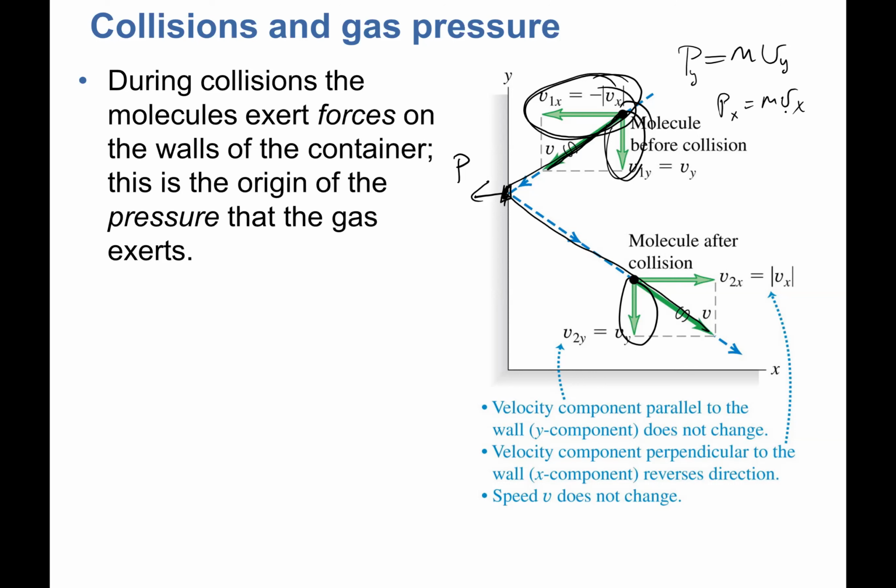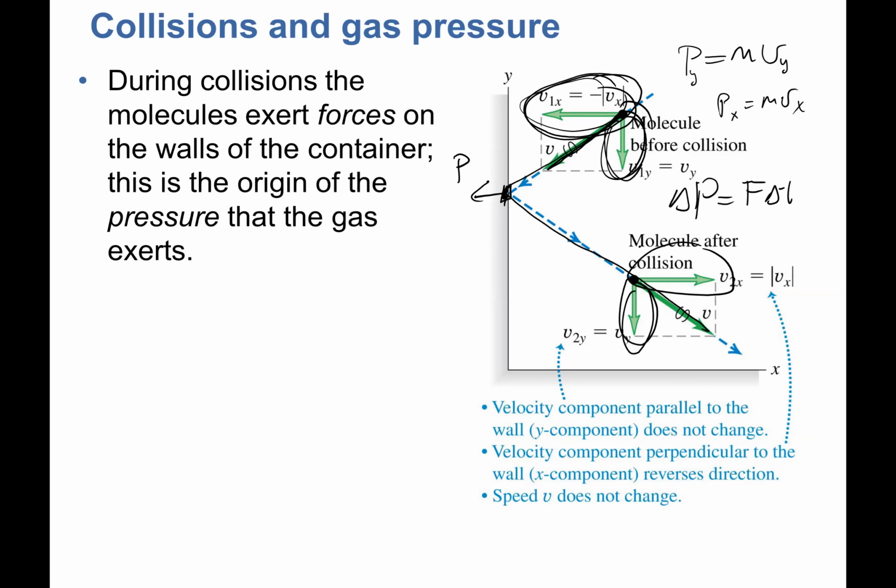So vertical momentum doesn't change because both before and after are in the same direction, but horizontal momentum changes because the direction changes. That means there's a change in momentum. Remember, changing momentum is equal to the force acting on it during some time interval, right?